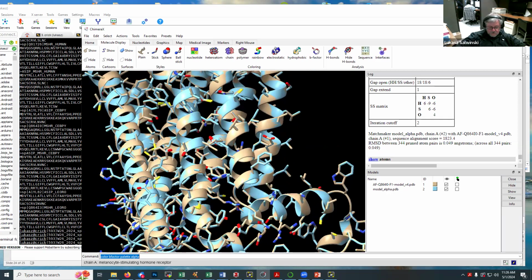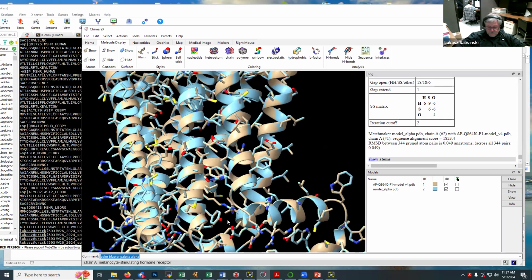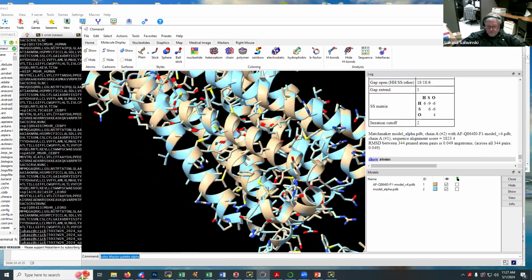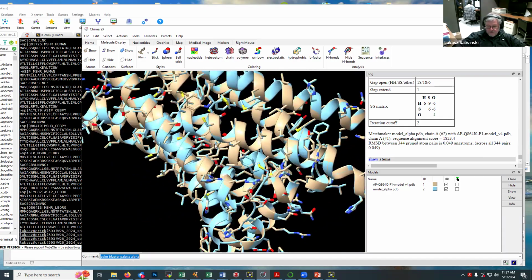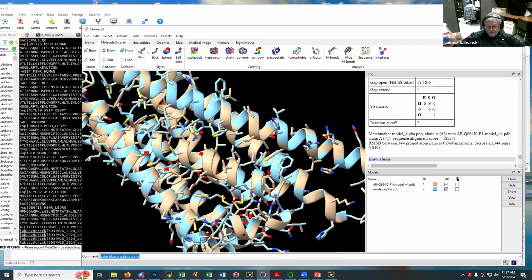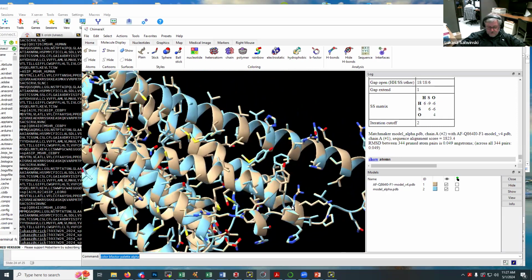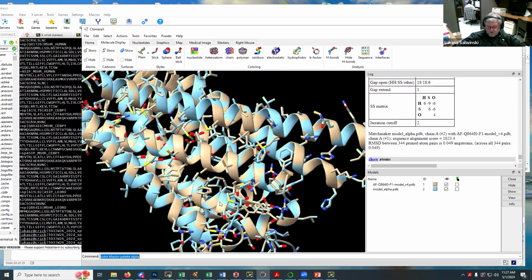All the residues are in very similar orientations. Apparently Swiss model didn't make many changes. It moved things a little bit, but not much.